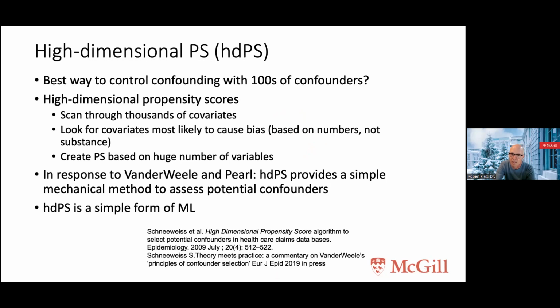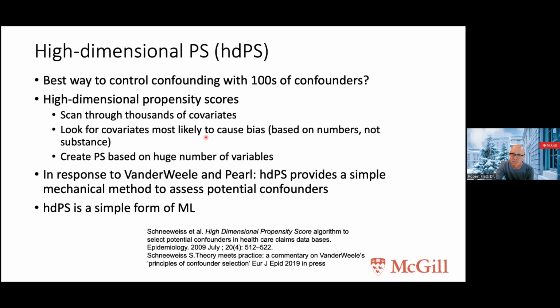So Sebastian Schneeweiss and colleagues developed what I've always referred to as a rudimentary machine learning tool, the high dimensional propensity score method to control for confounding, which basically just says, let's screen through those thousands of covariates. Let's look for covariates that are most likely to cause bias, most likely to be confounders.